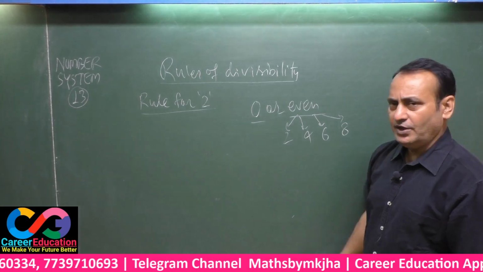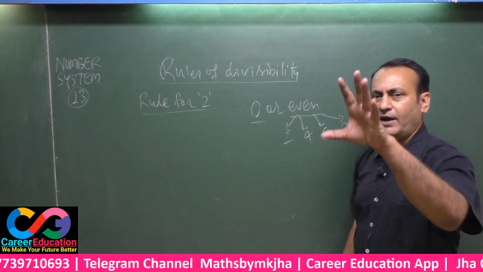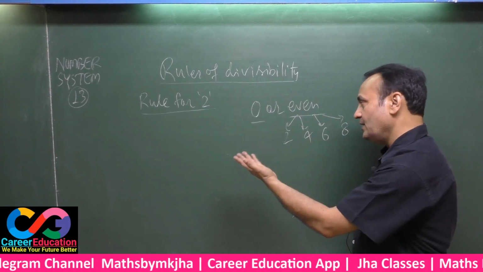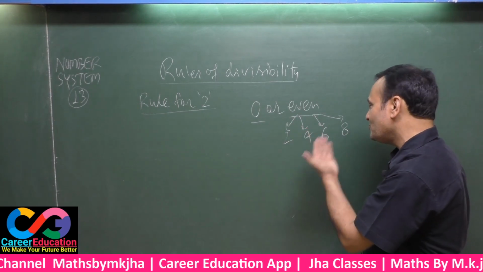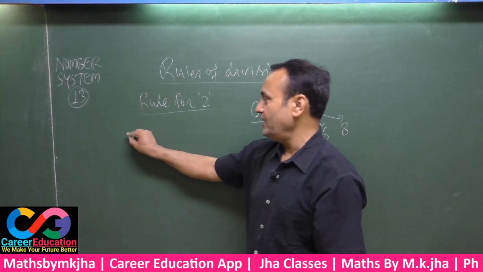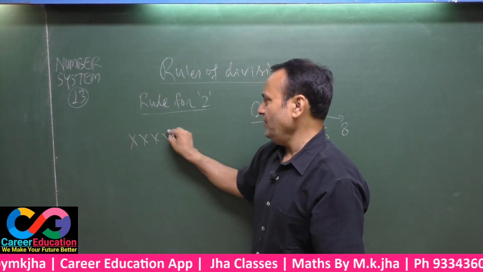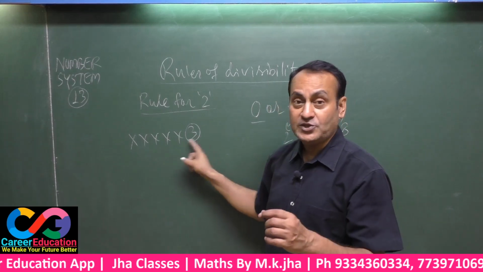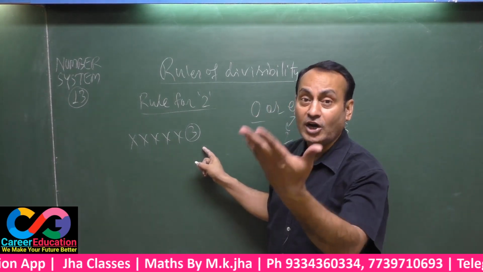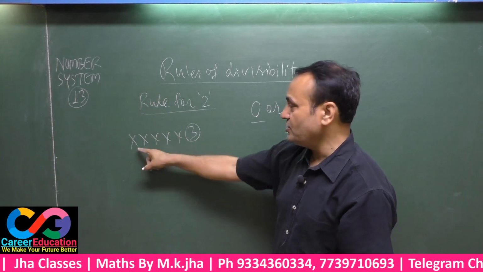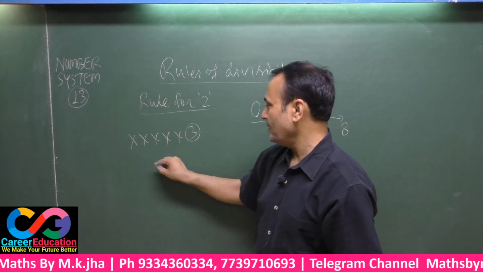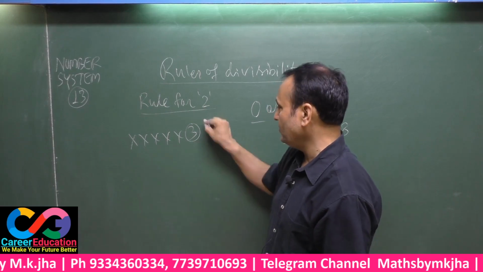That means your number is certainly divisible by 2 if at the unit place there is either 0 or 2 or 4 or 6 or 8. See here, examples. If the number is written like this, that means at the unit place of this number there is an odd number, certainly this number is not divisible by 2.